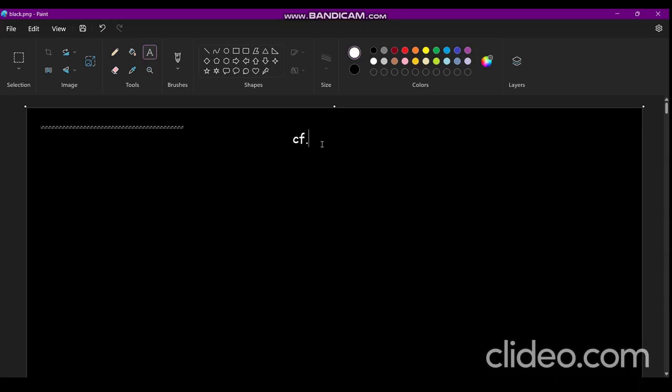CF dot means compare. This is because it is derived from Latin. Now ESP dot means especially. Similarly, ETYM dot means etymology, LIT dot means literally, and FIG dot means figuratively.